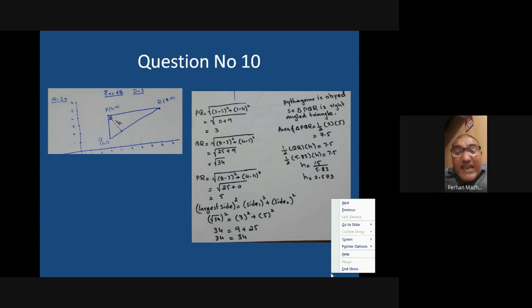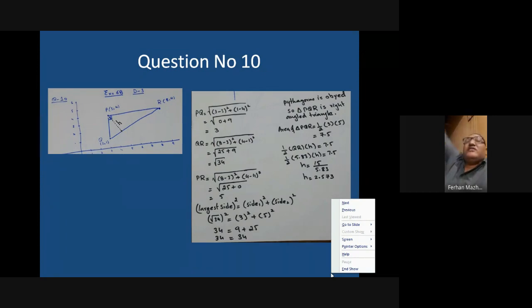If the square of the largest side is equal to the sum of the squares of the two other sides, then you will say it's a right angle triangle. If they are not equal, then it's not a right angle triangle.